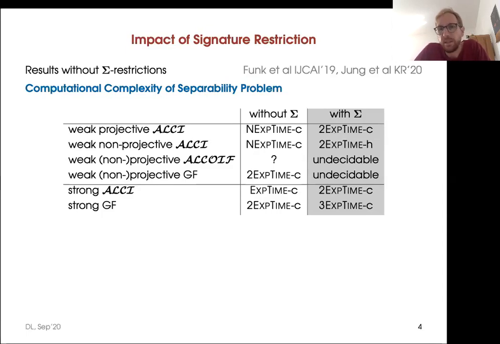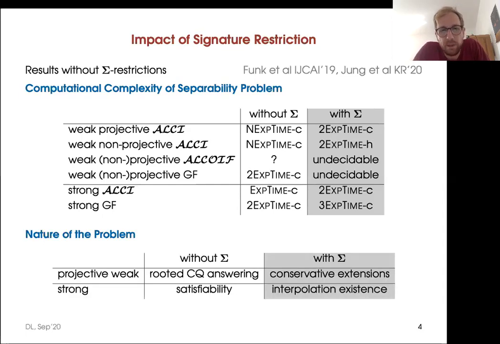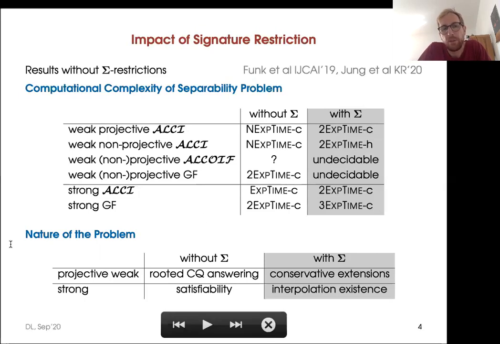This is interesting. But what is also interesting is that there's a natural explanation, an underlying reason why this complexity jumps. For this, you have to look at the problem and try to characterize it. And it turns out that the nature of the problem changes.